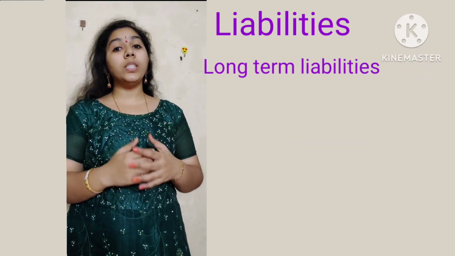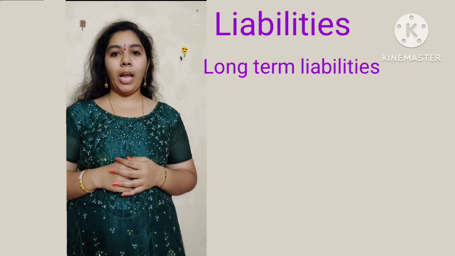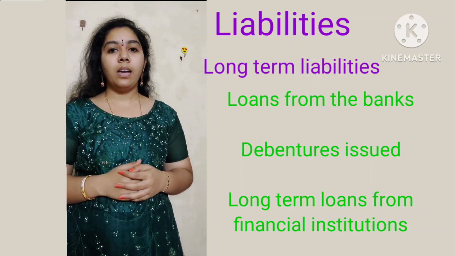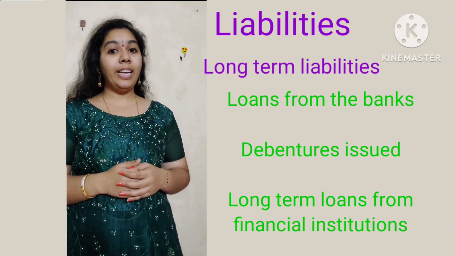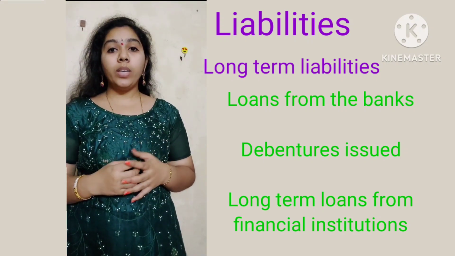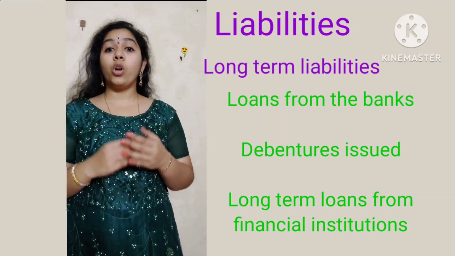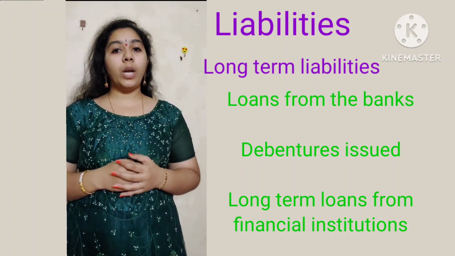And also long-term liabilities, more than 1 year, are called long-term liabilities. Loans from the banks are a liability. Debentures issued are also a liability. And long-term loans from financial institutions, not only from banks, are also a liability.